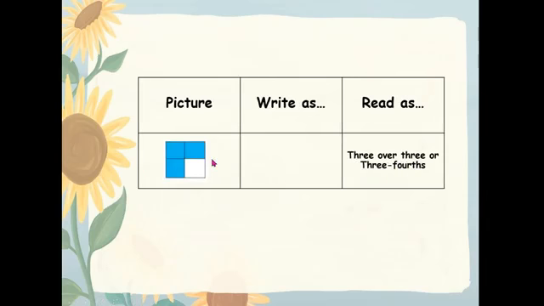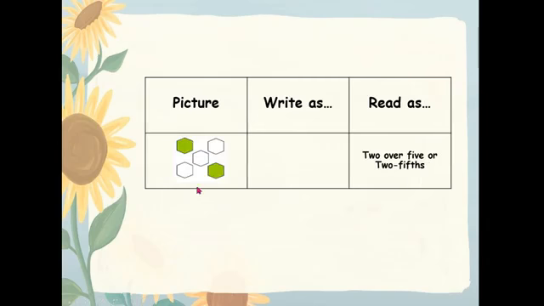This square is divided into 4, 1, 2, 3, 4, and 3 of them are blue, and that fraction is 3 over 4 or 3/4. This picture are hexagons, 1, 2, 3, 4, 5, and 2 of them are green, and the fraction of green hexagons is 2 over 5 or 2/5.